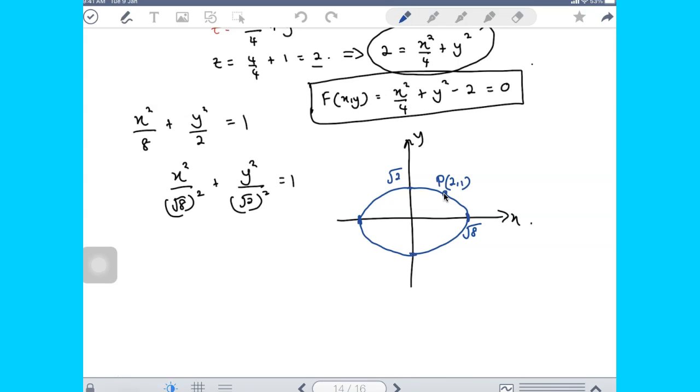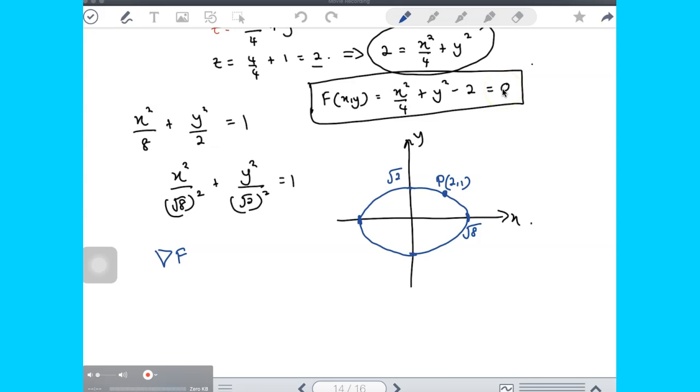So what is the gradient vector? Gradient f. Because now you have the equation, your surface from the paraboloid has become a curve. So now your equation is in this form, something equal to 0.